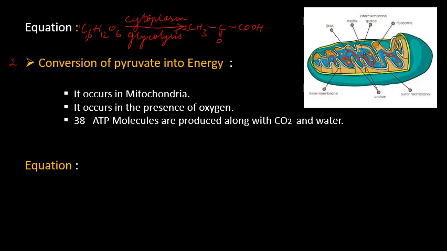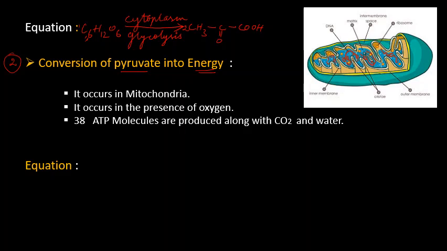So now let's see the second step that occurs in aerobic respiration. Here the conversion of pyruvate into energy we are going to see. So the end product of glycolysis, that is pyruvate, moves into mitochondria, and there the releasing of energy takes place.